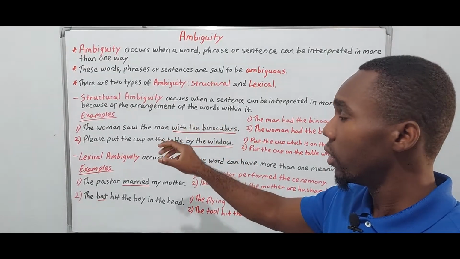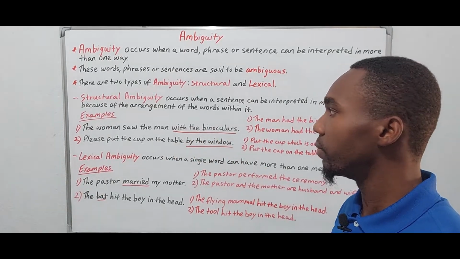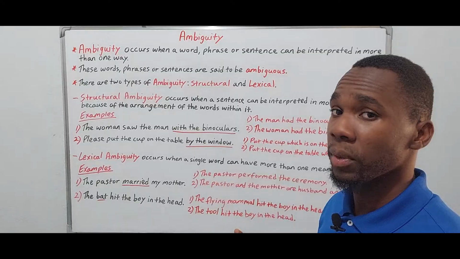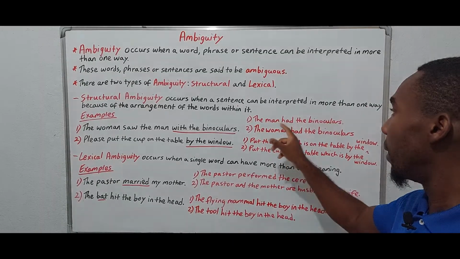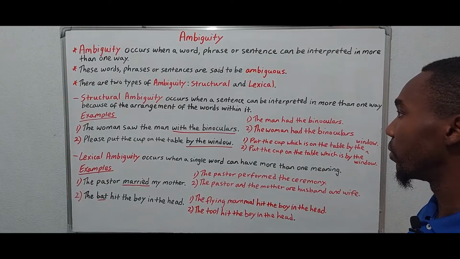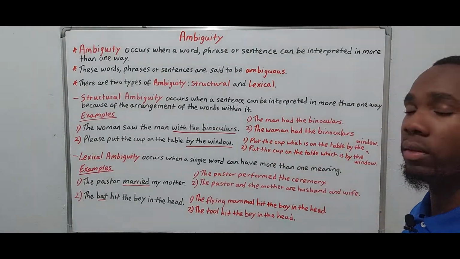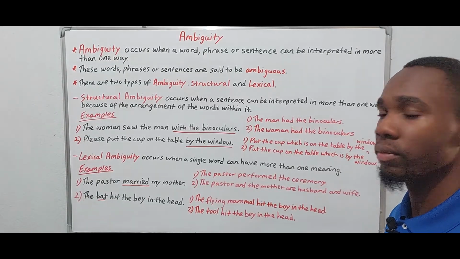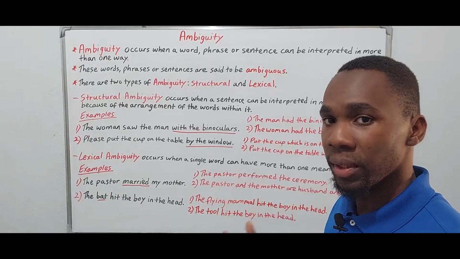So, one, the woman saw the man with the binoculars. That can be interpreted in two ways. The first way, the man had the binoculars. Secondly, the woman had the binoculars. Okay? So, who held the binoculars?